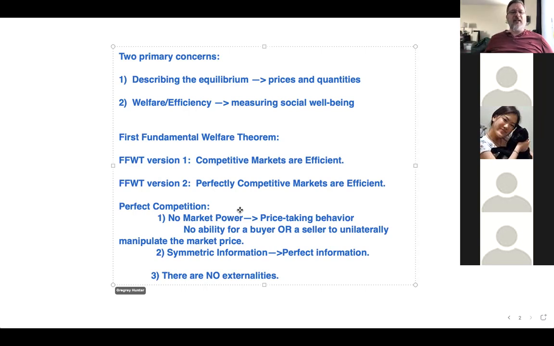But when they get to describing a competitive market, they'll just say it's a market where there are lots of buyers and sellers, and the products that are traded are identical or similar enough that it's not like it matters if it's made by one brand or another.